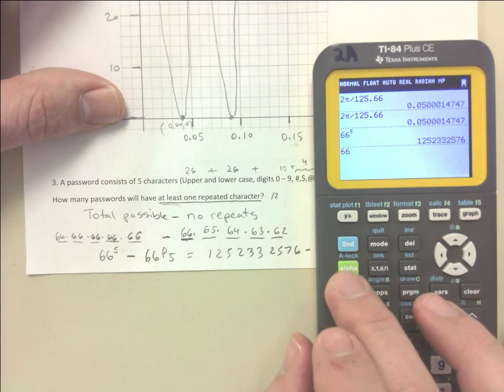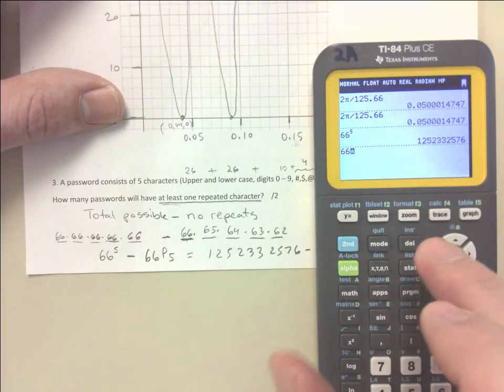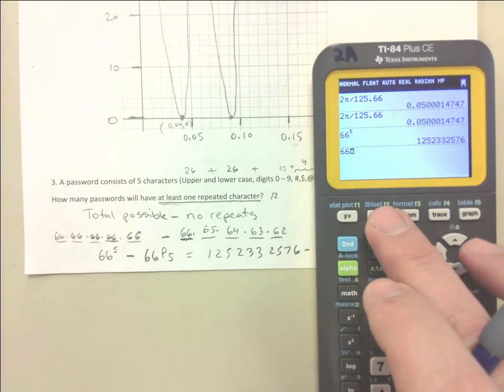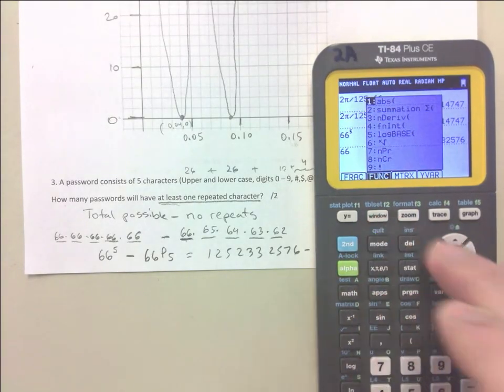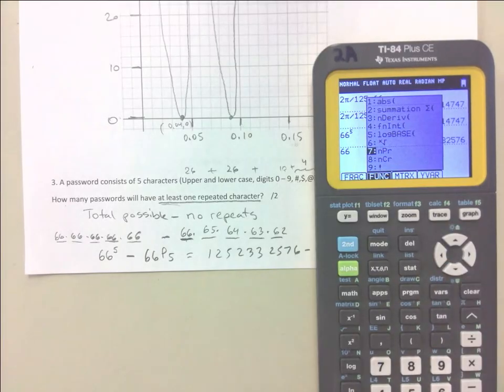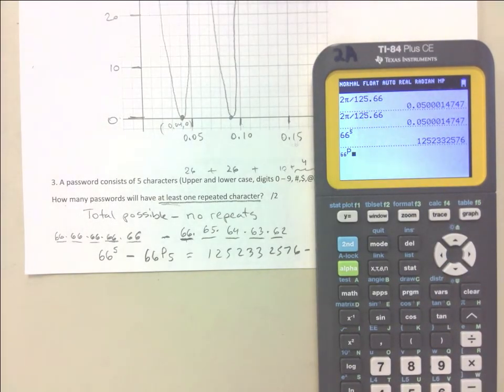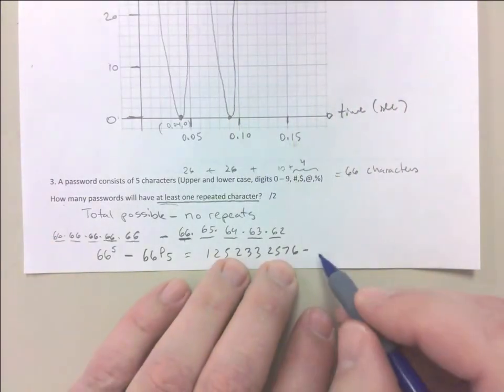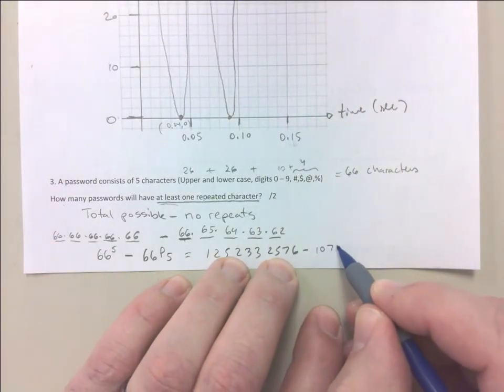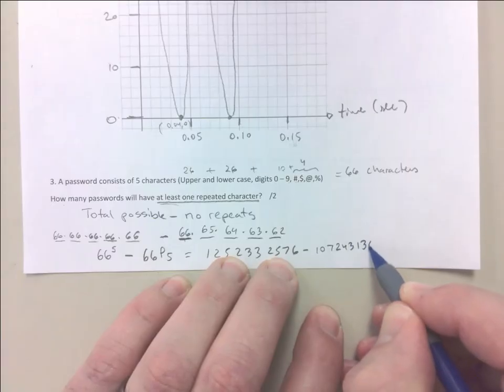NCR, NPR, alpha. Now I even have to play around with it. Hold on, give me 1 second. Yeah, alpha window. There it is. So 66 pick 5. That is that. 1,072,431,360.